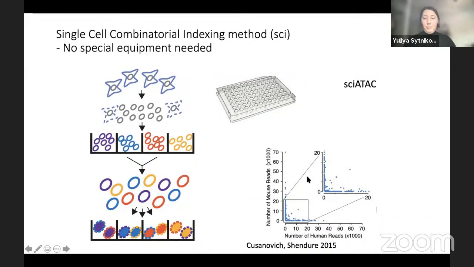And the authors of this paper from the Shendure lab were able to reach good enough separation of single cells this way, so that, for instance, once they mixed a population of mouse and human cells, they were able to pretty decently separate mouse and human, as you could see from this plot.